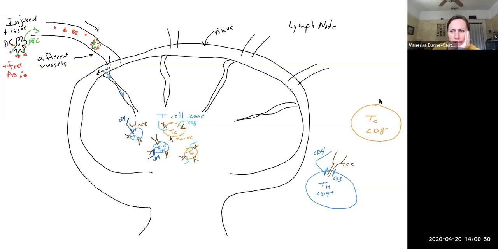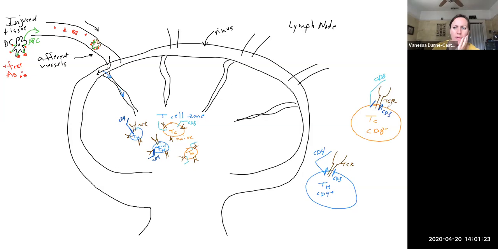They also have their, I'm sorry, their T cell receptor, and they have that CD8 co-receptor, also with their anchoring CD3s.